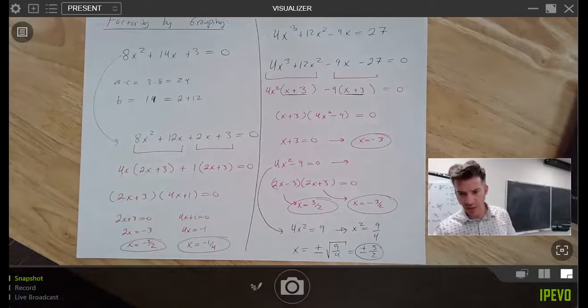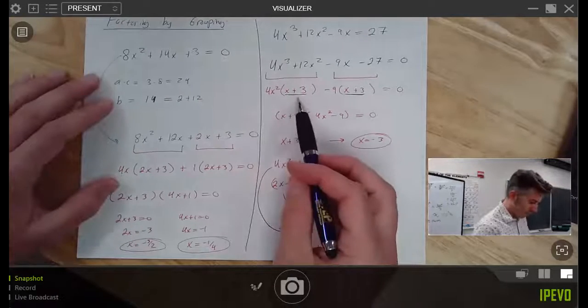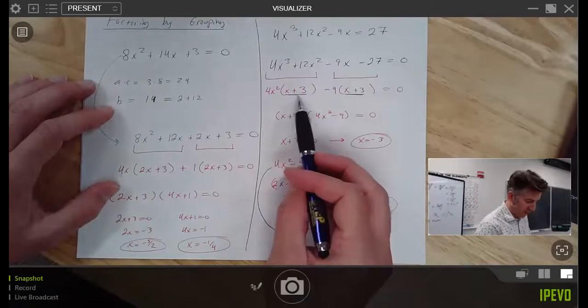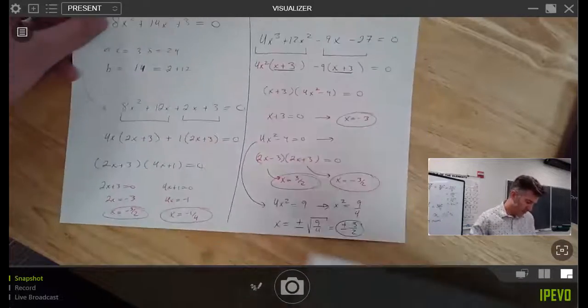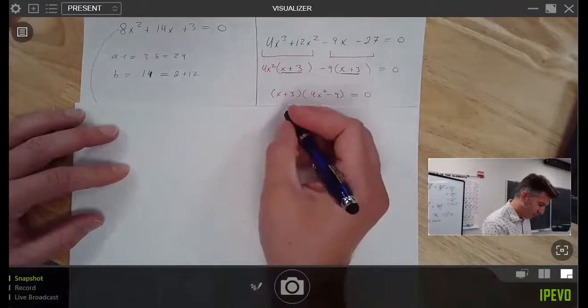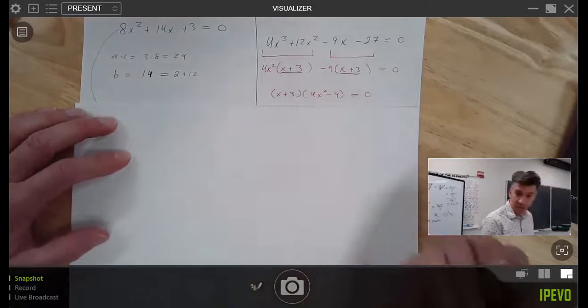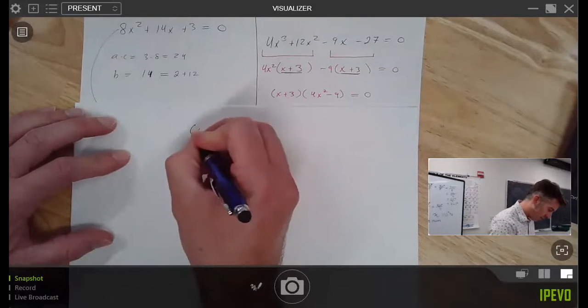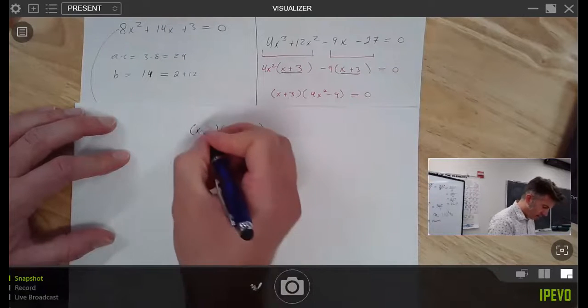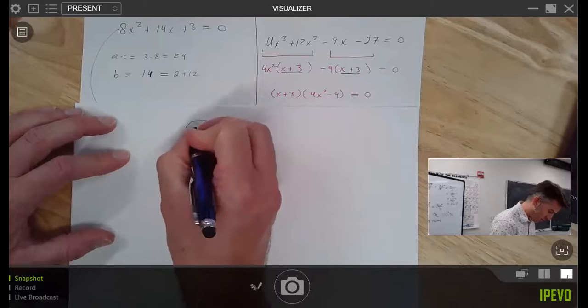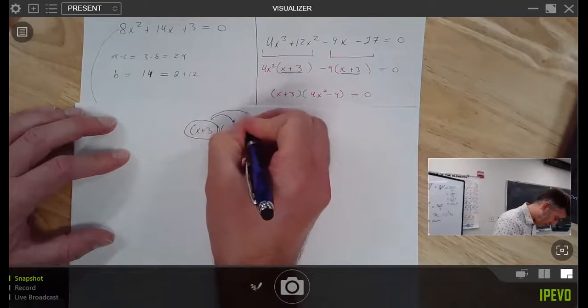That's also a good question. Why would it be x plus 3 times 4x squared minus 9 and not x plus 3 minus 4x squared minus 9? Okay, great. So the thing is, what we're doing from this step to this step is we are factoring out an x plus 3 from the 4x squared minus 9. So if you look at this, from this step right here, if you want to distribute it back in, so if I have x plus 3 times 4x squared minus 9, what I'm doing is I'm distributing this whole thing to each of these terms.